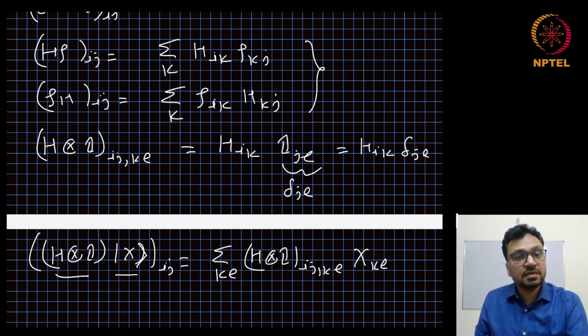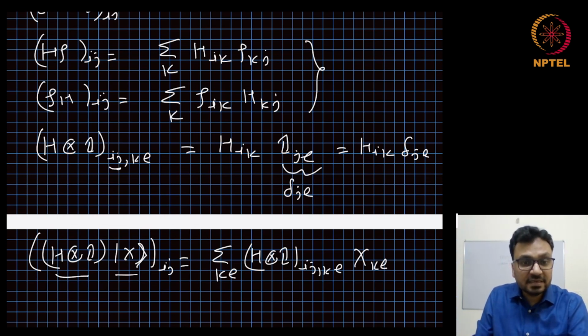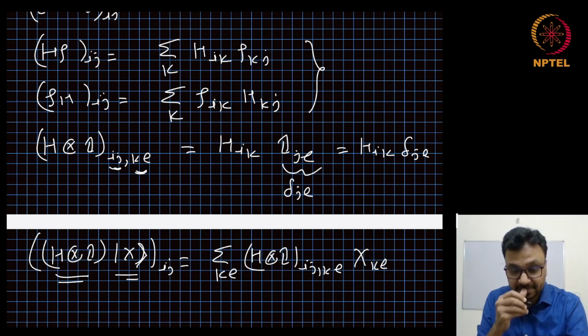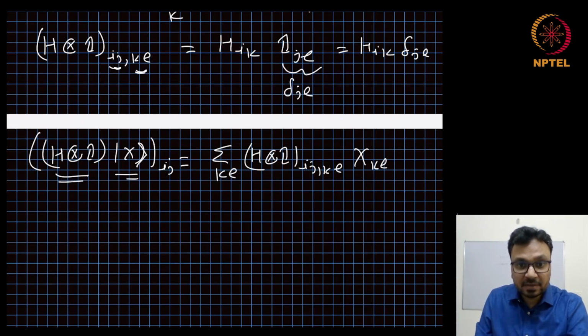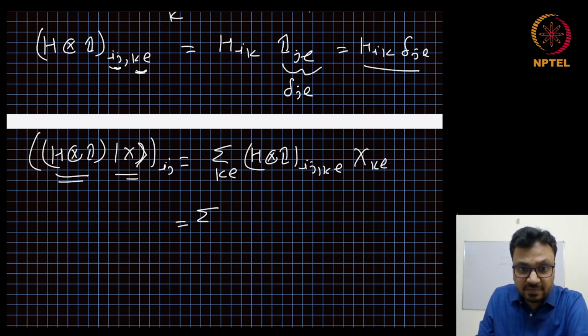So here we are identifying ij as one index and kl as another index. So it becomes the matrix acting on a vector equation. If we substitute this expression for H tensor identity ij kl, we get sum over kl Hik δjl xkl.